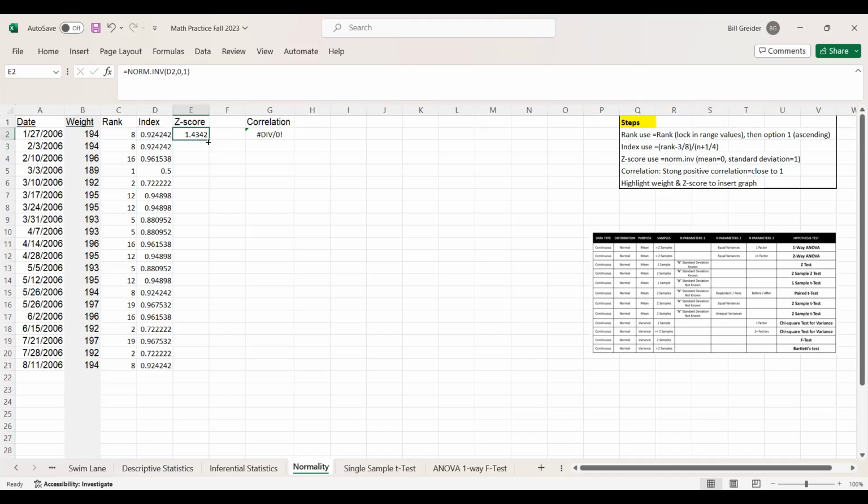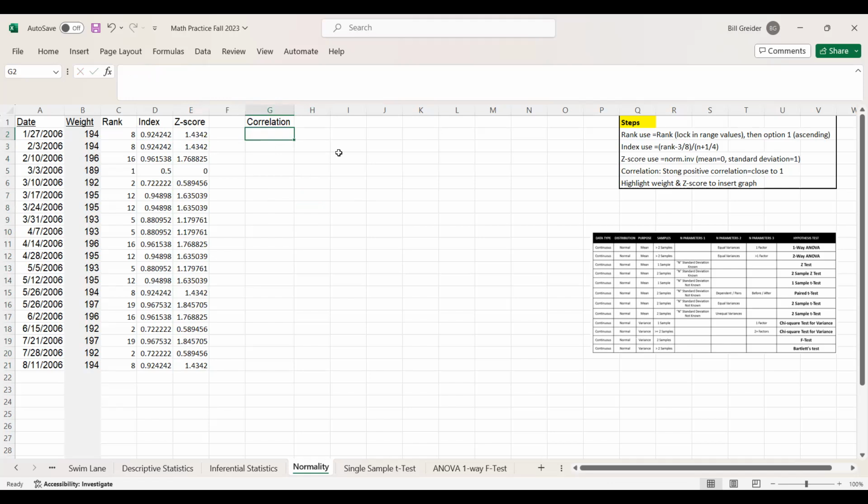1.43, double click. And you can see the correlation filled in because I had the formula already loaded up. But the idea there is, I'll just do it. We're going to get into correlation next time.